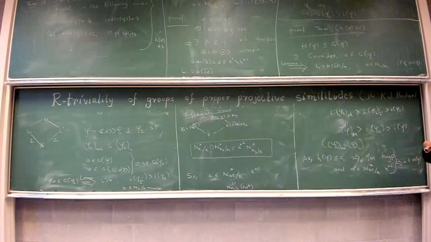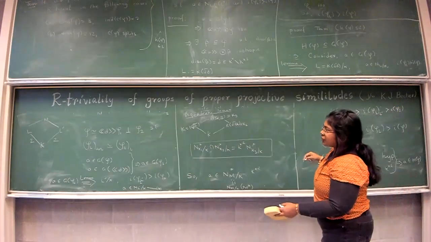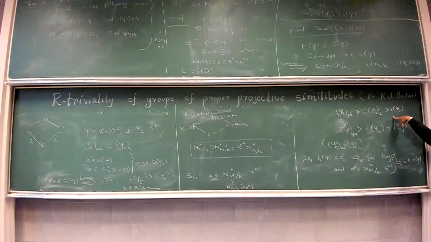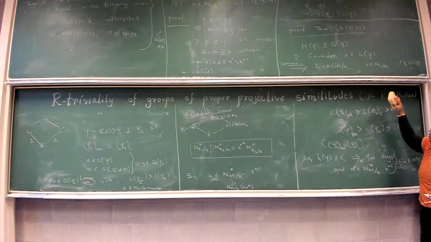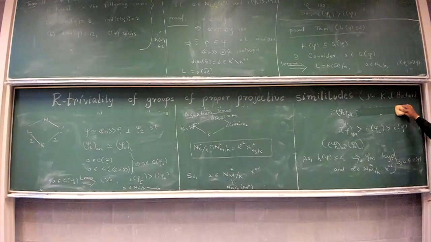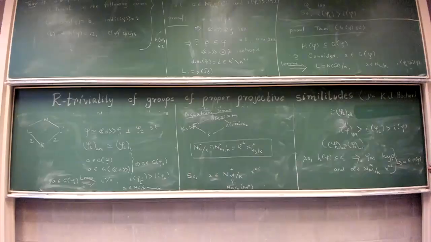It's the I of phi 2, which is already... For phi 2 we have, this one is strictly greater, and it would be better that I should just only get this. I don't think that phi 2 was smaller than phi. No, it was a subform. So I don't think that they have the same I. No, because over L you say equal, and I don't think that they are equal.